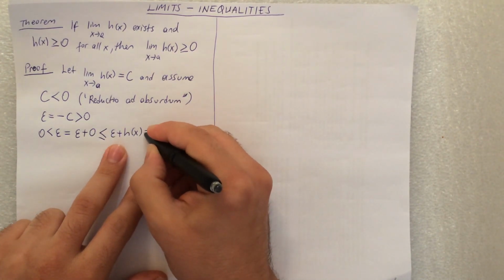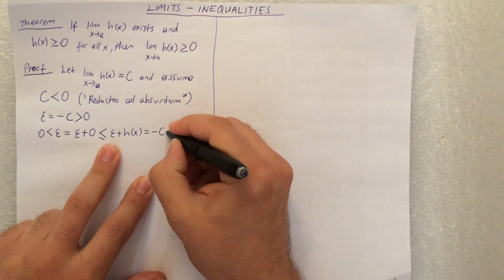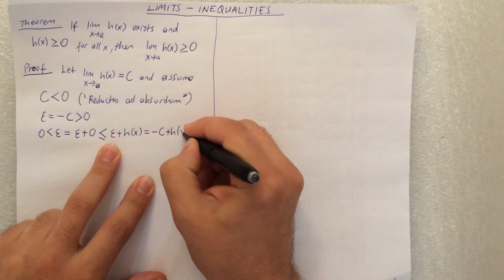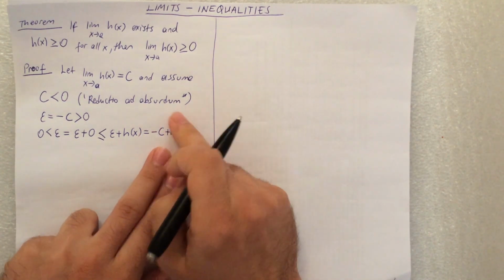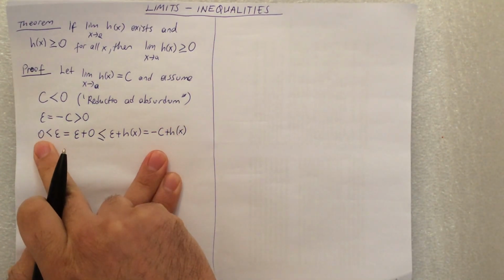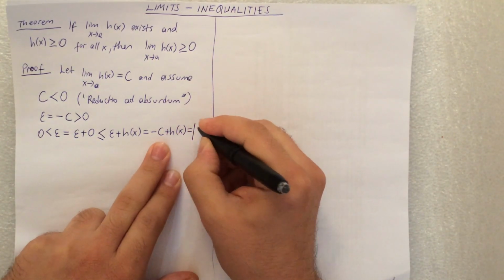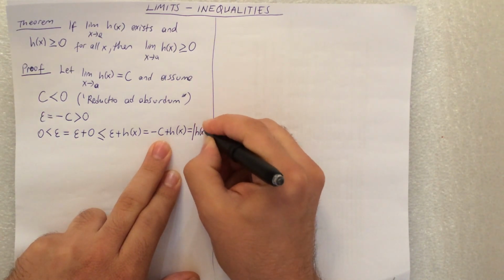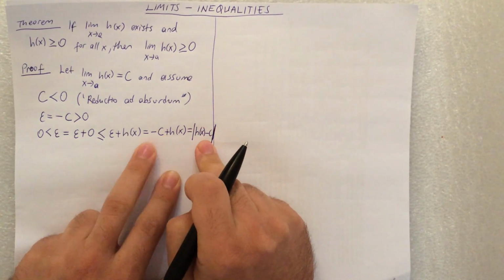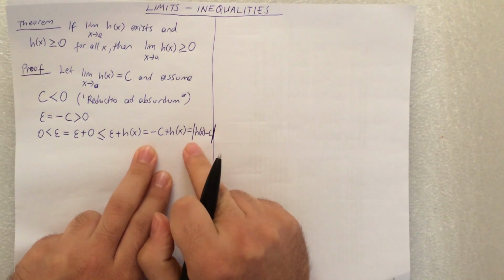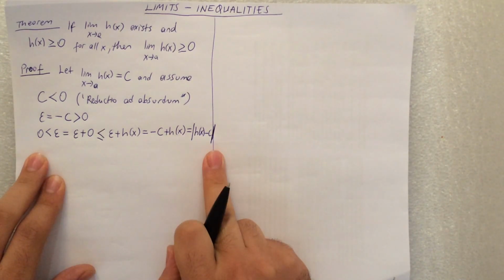Then going forward, since epsilon is given as minus c, this is going to be minus c plus h(x). And since this is a positive value, it is equal to the absolute value of the same thing, h(x) minus c. Since this is positive, we can take this out of the absolute value. So this should be true.